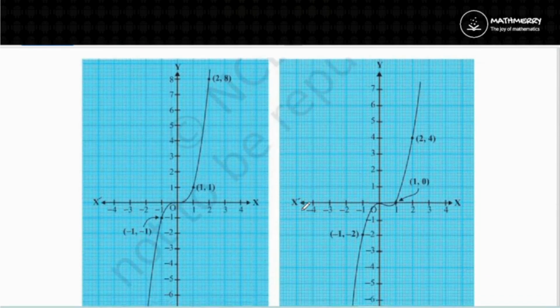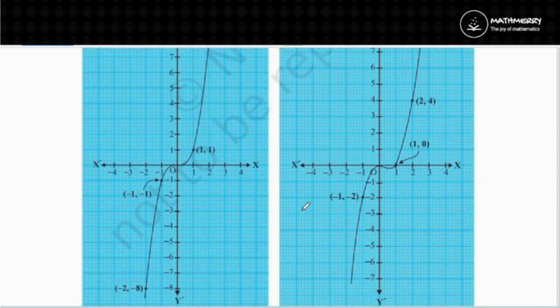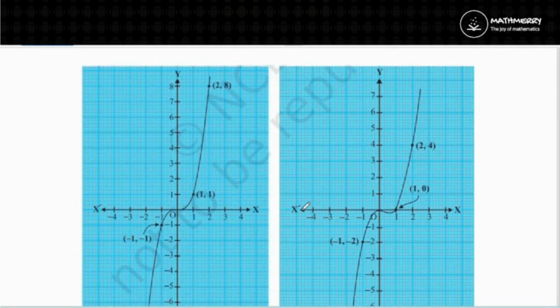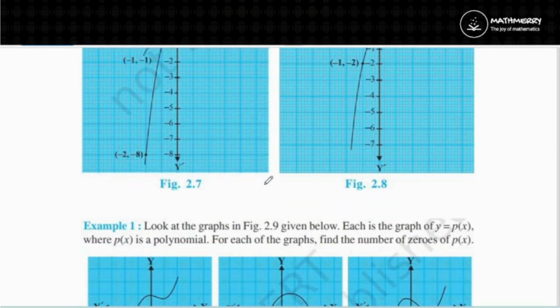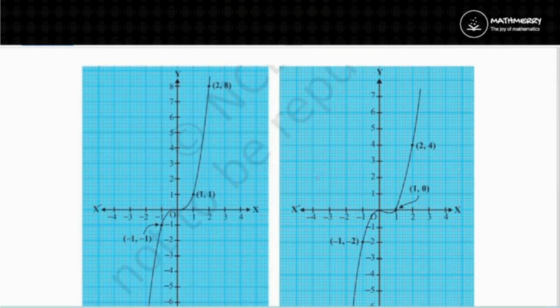Okay. Now, what do you think about the first graph? How many solutions are there? Now, how many solutions are there? Here, obviously, there is only one solution, but here we have two solutions.